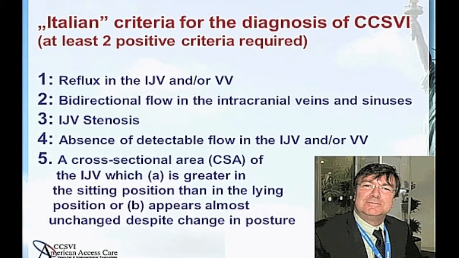These are the so-called old Zamboni criteria. There are five of them: reflux in internal jugular veins or vertebral veins, bidirectional flow in intracranial veins, stenosis of internal jugular veins, absence of detectable flow in the veins, and so-called negative delta, which is the difference between the cross-sectional area in the supine and upright position.